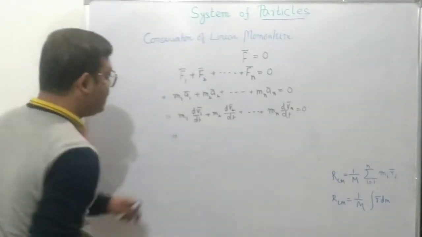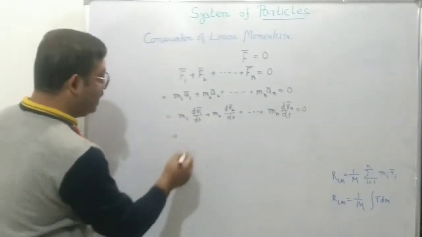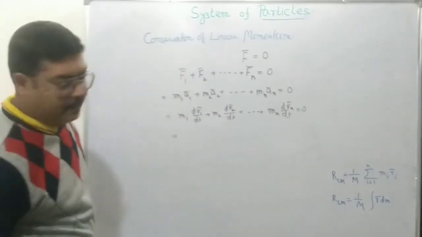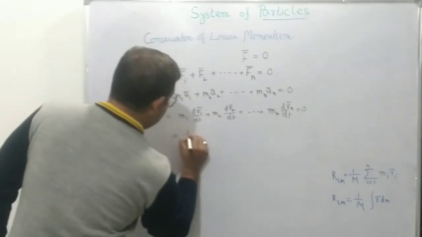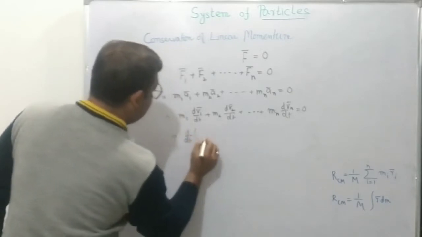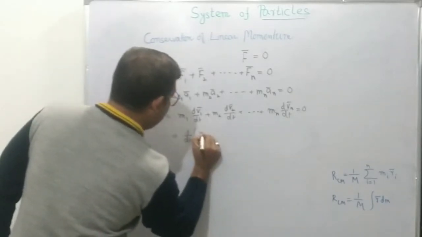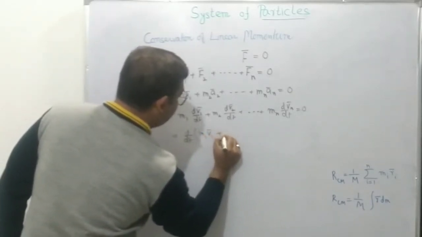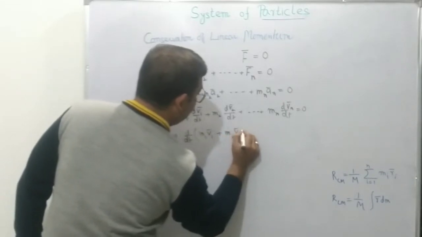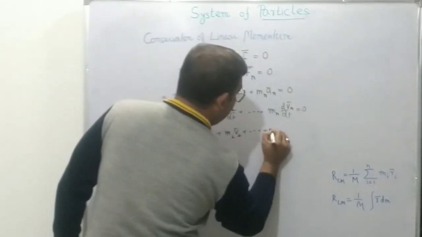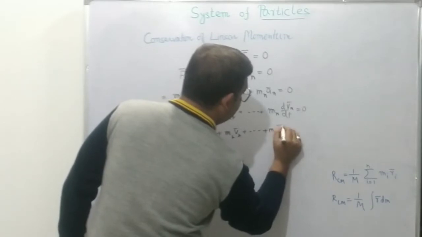Since m is a constant and doesn't change with time, we can take it inside, and also we can take d by dt outside as a common factor. So it will be d by dt of m1 v1 plus m2 v2 till mn vn.